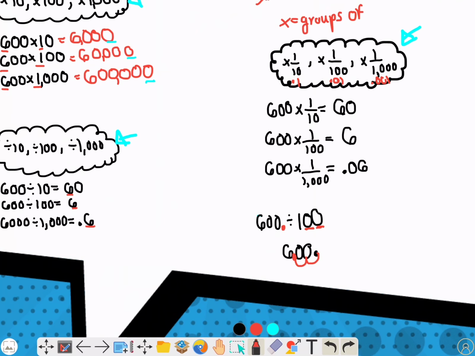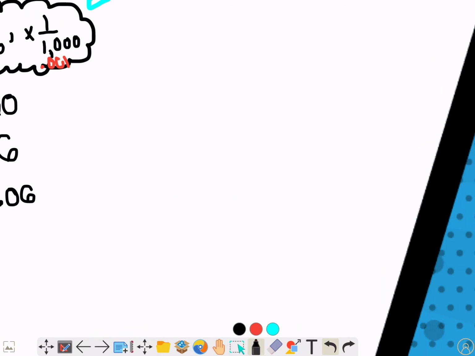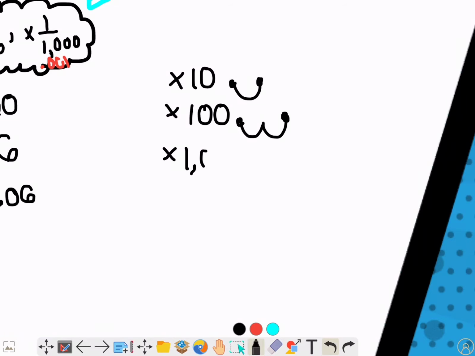And if I was to make a cheat sheet, if you have multiplying by 10, you're jumping your decimal over one time. If you're multiplying by 100, you're jumping your decimal over two times. If you're multiplying by 1,000, you're jumping your decimal over three times. Notice all these jumps are to the right.